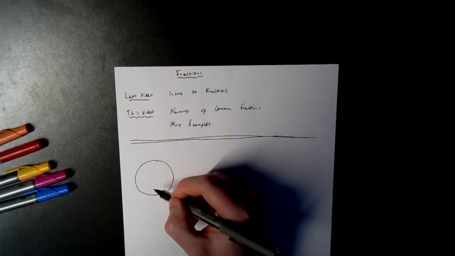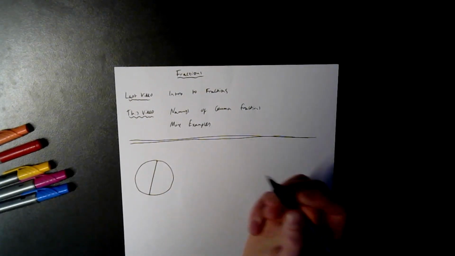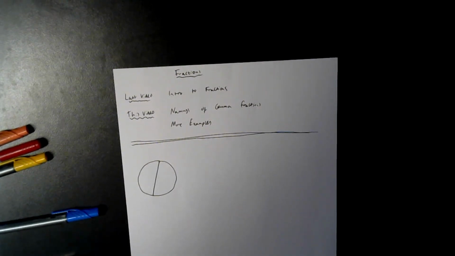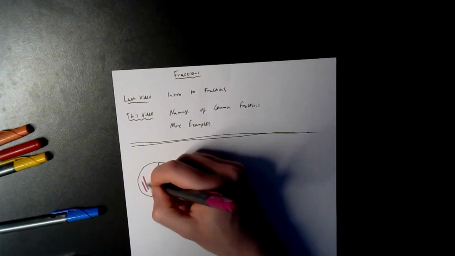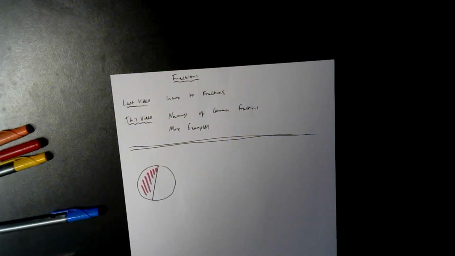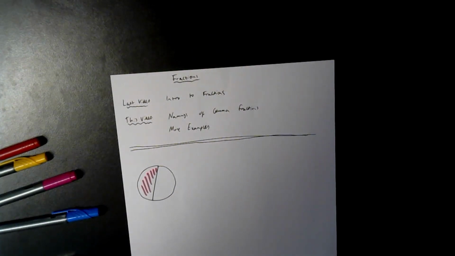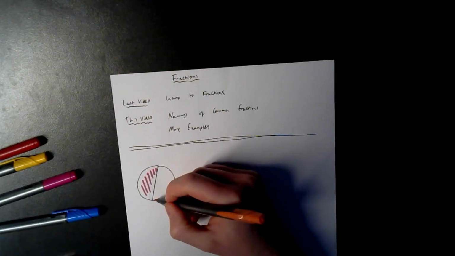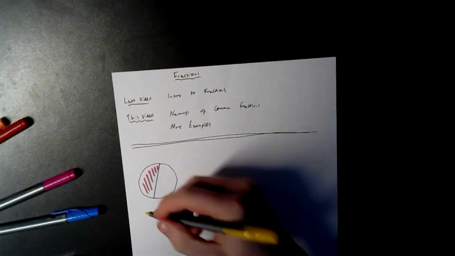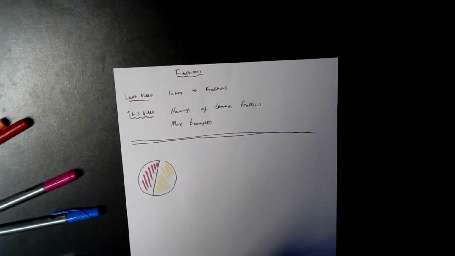This time we're going to make it even simpler, and we're just going to cut it into two slices, where one of the slices of pizza has some ham on it, which I'll signify with this pink, and one of the slices has some pineapple on, which I've signified in yellow.